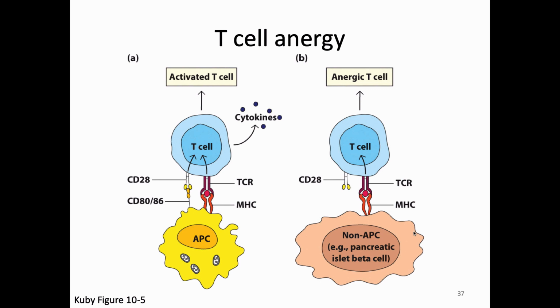So with B cells, we saw B cells becoming anergized in the bone marrow. T cells become anergized in the periphery when they see signal 1 without signal 2. And so this can be a nice way to determine whether or not something is foreign. And so there's some really interesting ways that this is sort of evolutionarily important.